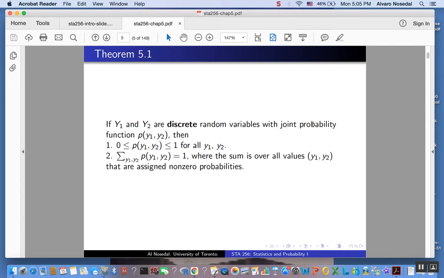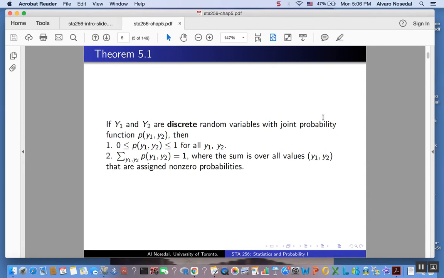Now this function describes both random variables y1 and y2. Those numbers assigned by that probability function also satisfy the two conditions that we discussed before. Each of those numbers must be between 0 and 1, and when you add them all up, you should end up with a 1. Those are the two conditions that a joint probability function must satisfy in order to be a legit joint probability function.